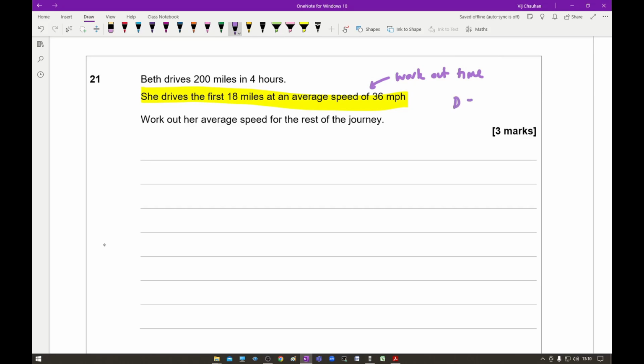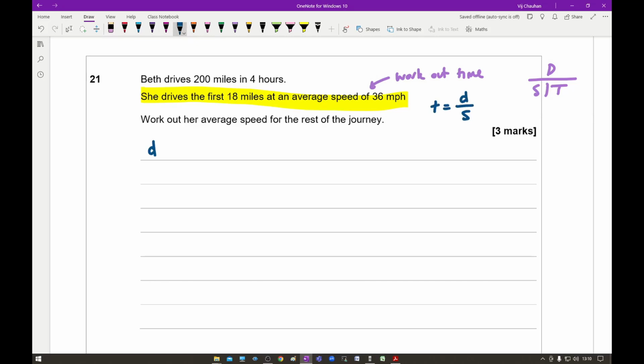Now, using the formula of distance equals speed times time, we just draw the little triangle, so to say. So to work out time, it's going to be distance over speed.